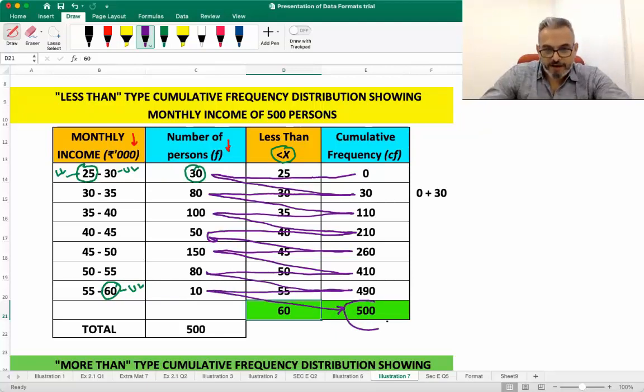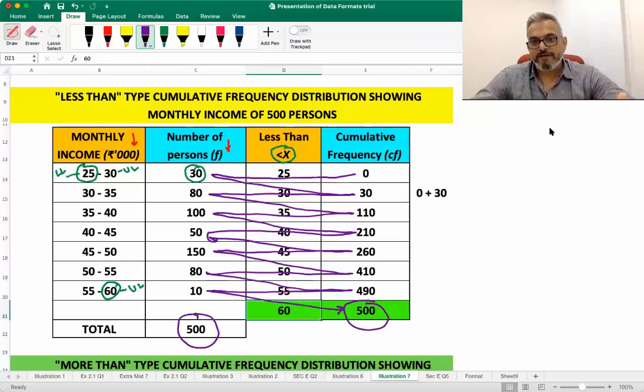Now this 500 and this 500 should match. If they do not match, it means we have made some mistake here, so we have to find out what mistake we made. Please do this. You can also make arrows with pencil initially, and then you can put your finger and just do it. You can watch my classroom lecture where I have explained this. That is lecture number 3.